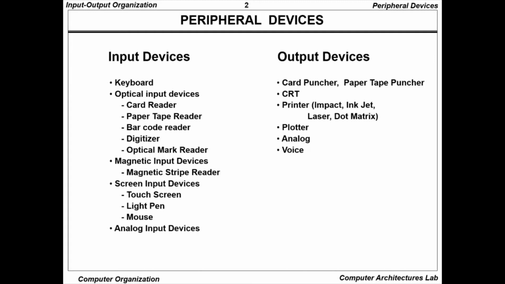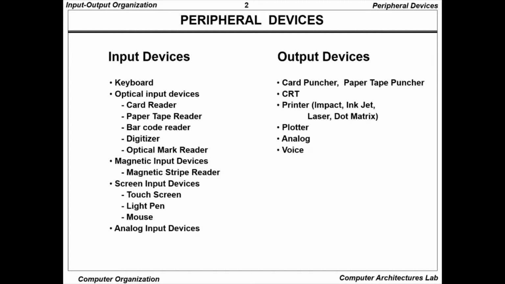Earlier we had only analog input devices, an analog keyboard converting input into digital, and an analog mouse converting your movement into digital, physical world objects into digital world objects. And we have another type called the optical mouse.